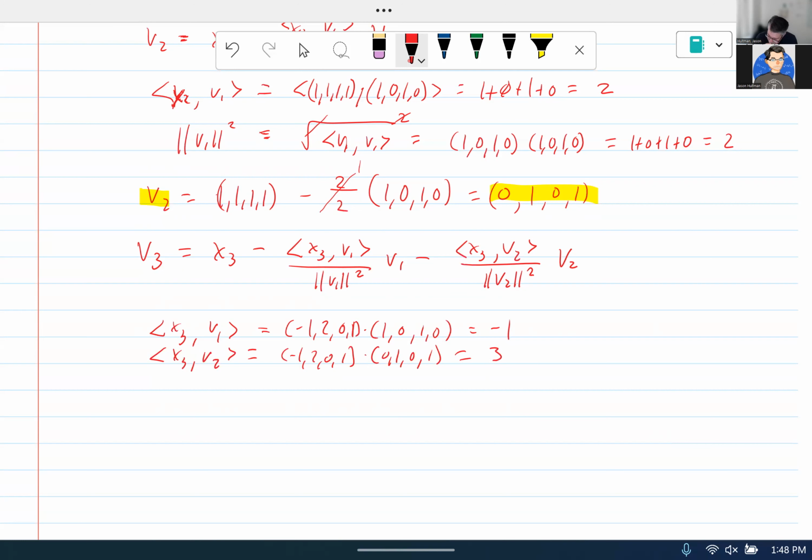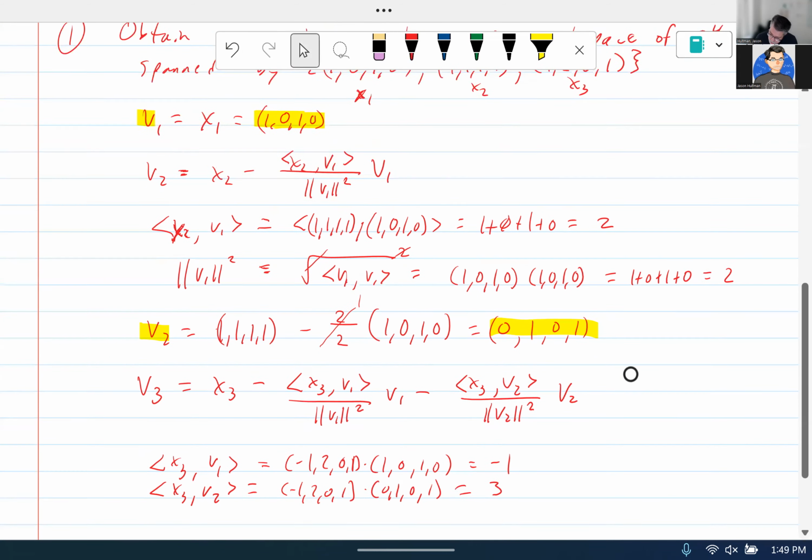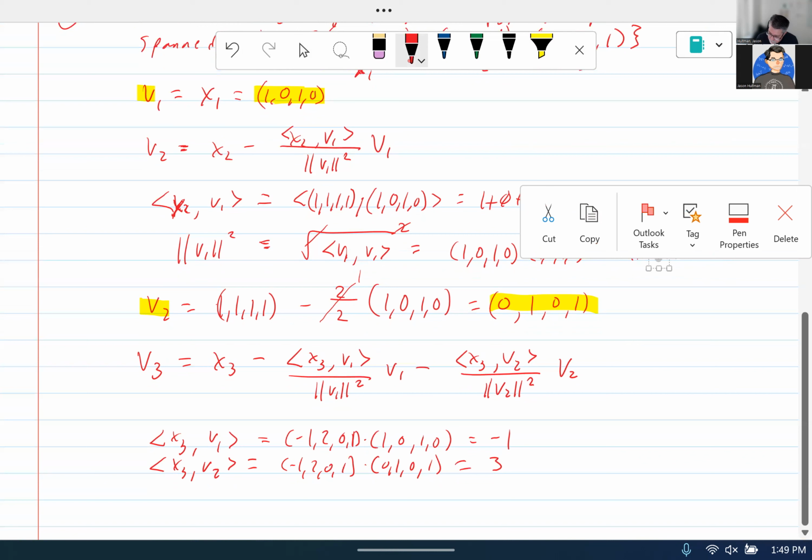Now all I have to do is figure out, well, what's the norm of v2 squared? The norm of v2 squared is just 2, because if we look at the norm of v1, we had 1, 0, 1, 0. So when we square all those, that's 1 squared plus 0 squared plus 1 squared plus 0 squared, that just becomes 2.